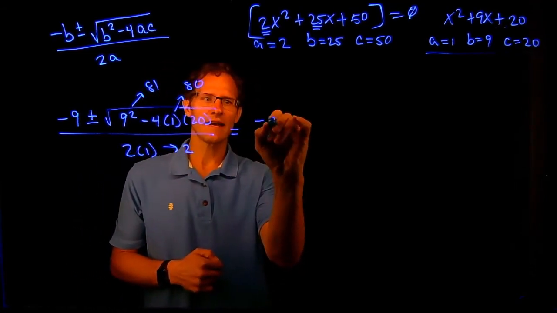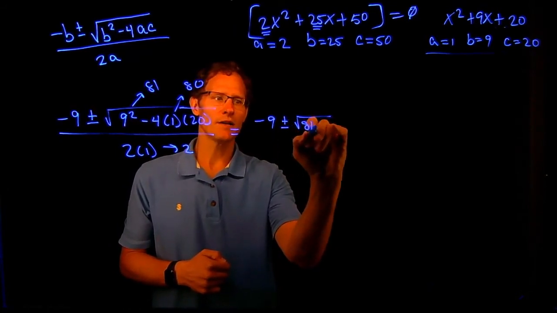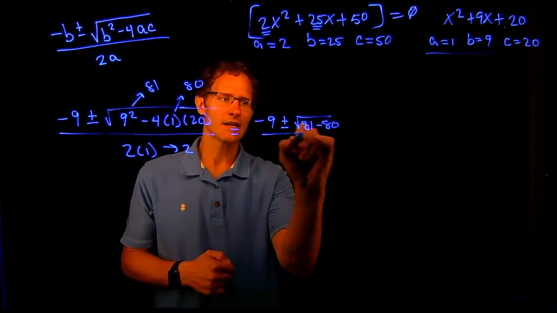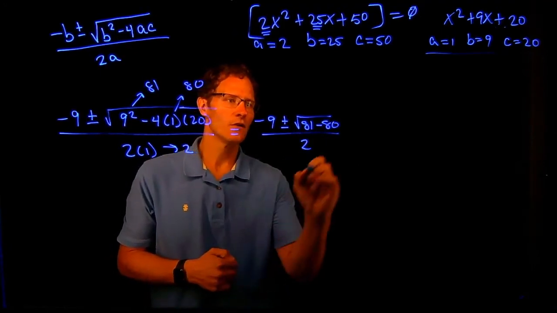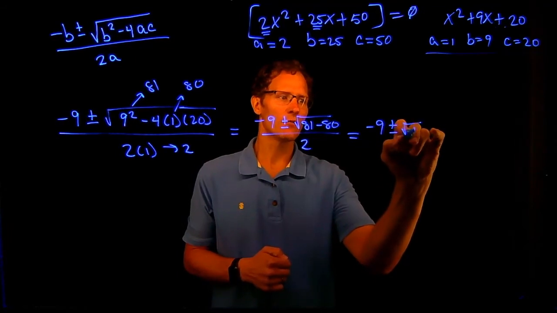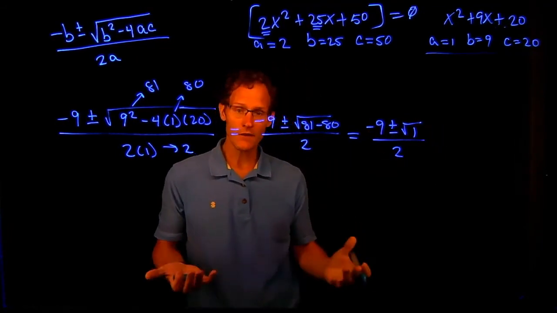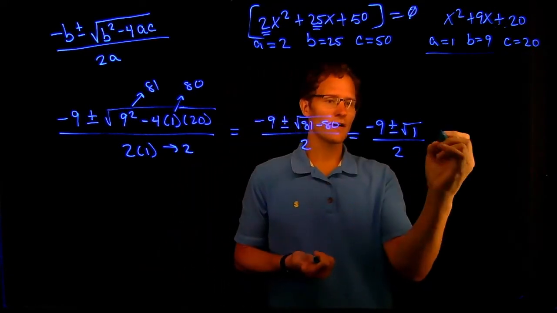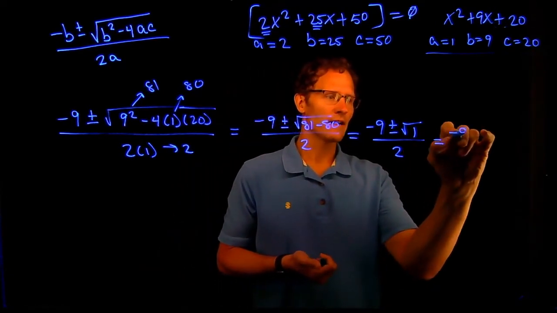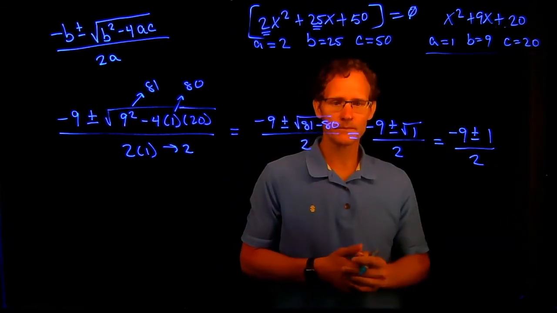So this equals negative 9 plus or minus the square root of 81 minus 80 all over 2, or negative 9 plus or minus the square root of 1 all over 2. Hopefully you can quickly determine the square root of 1 is 1. So we have negative 9 plus or minus 1 over 2.